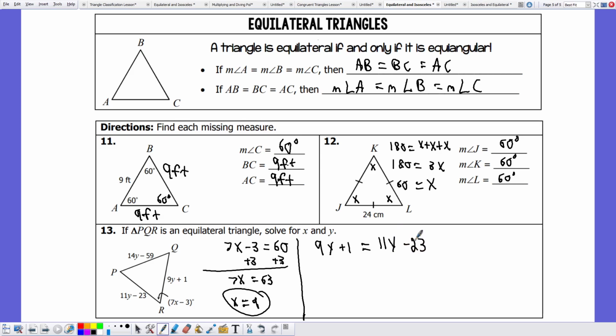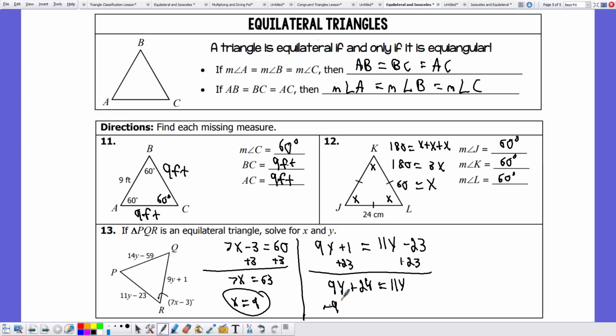Seems reasonable. So let's add 23 on both sides. We have 9y plus 24 is equal to 11y.